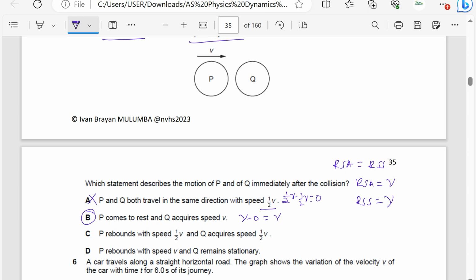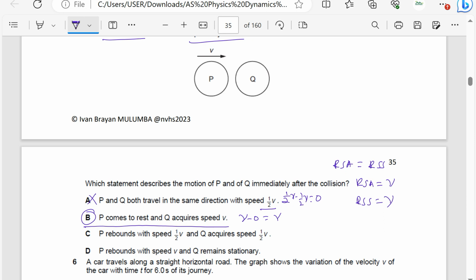But the challenge is which direction does Q move? So the most appropriate answer is P comes to rest and Q acquires a speed v, because if the collision is perfectly elastic, total momentum before collision should be equal to total momentum after collision, and the relative speed of approach should be equal to the relative speed of separation.